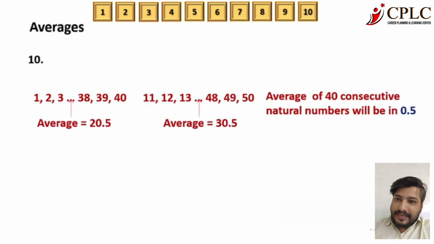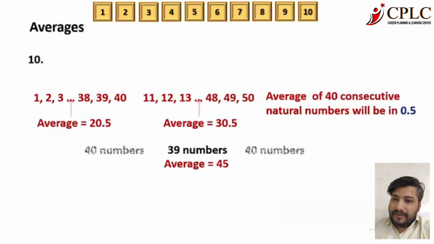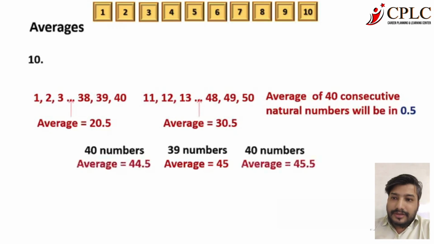Now as I said, if you erase a smaller number, then obviously average increases, but if you erase a bigger number, then average decreases. So remaining 39 numbers, the average was 45. If there were 40 numbers, the average will end in 0.5 as we discussed right now, because there will be an even count of numbers. So average can be either 44.5 or 45.5 depending on which number you are erasing.